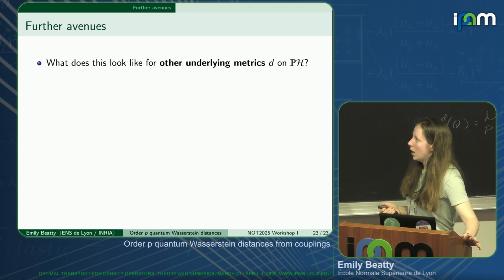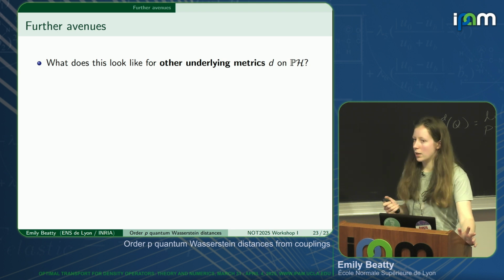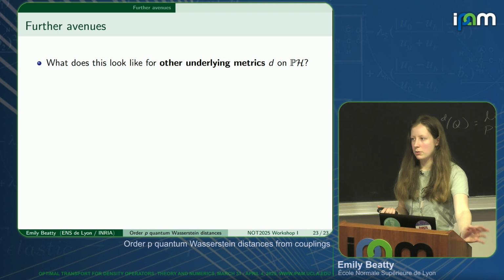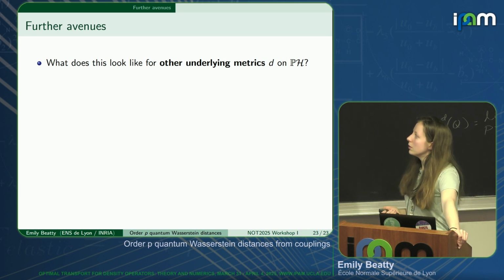In particular, we've used this to generalize an existing quantum Wasserstein distance defined for order 1 to generic order P. Can we do this for other definitions? Does it make sense to enlarge those definitions using this construction?